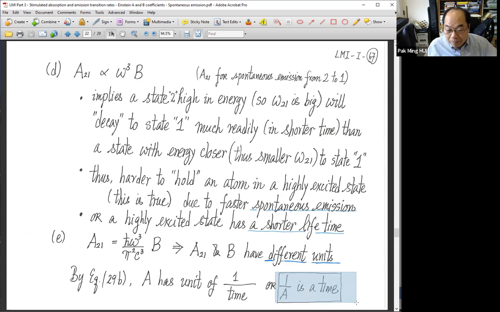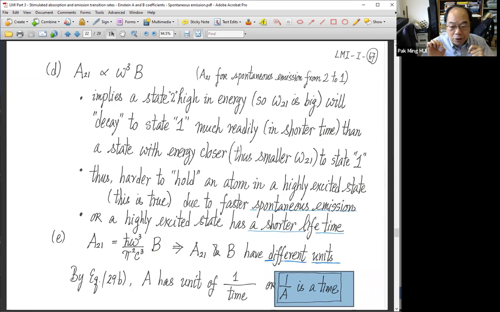And lifetime is rather obvious because A is probability per atom per time. So it has the unit of 1 over time. You flip it, 1 over A is a time. Later on, we will see that defines the lifetime of an excited state.